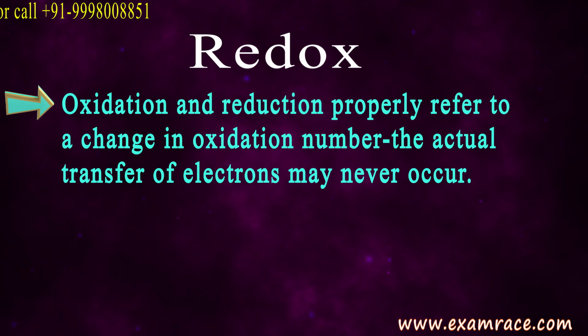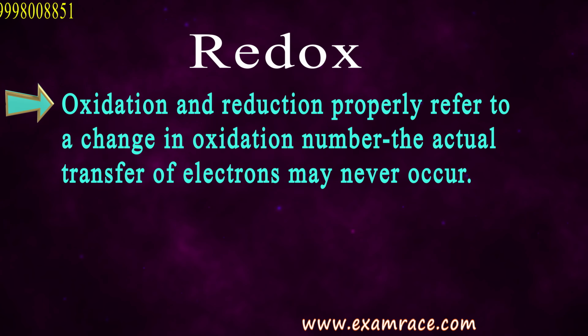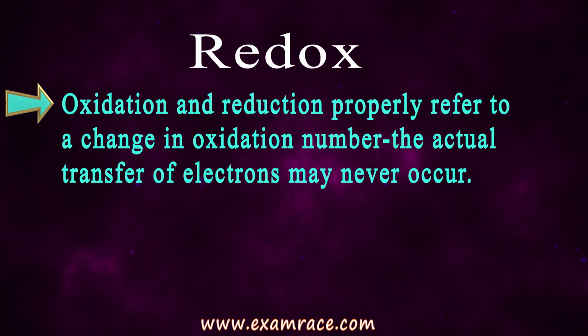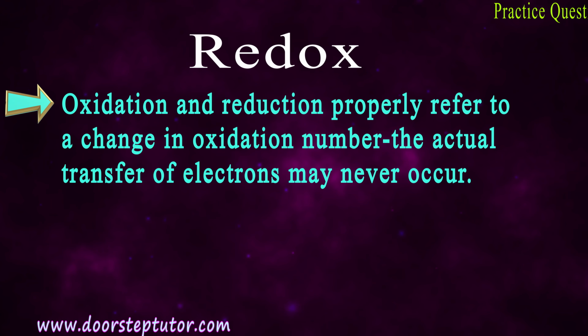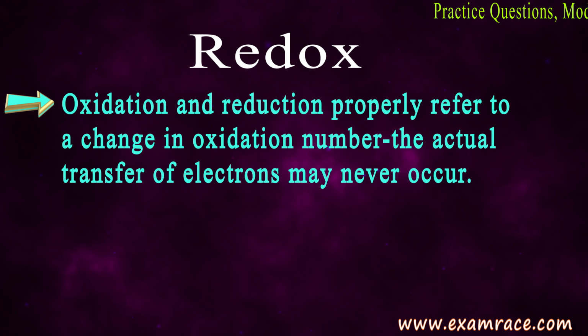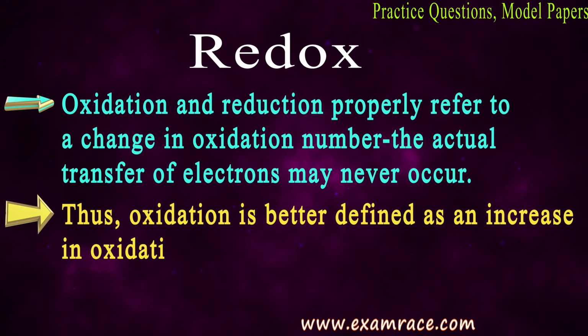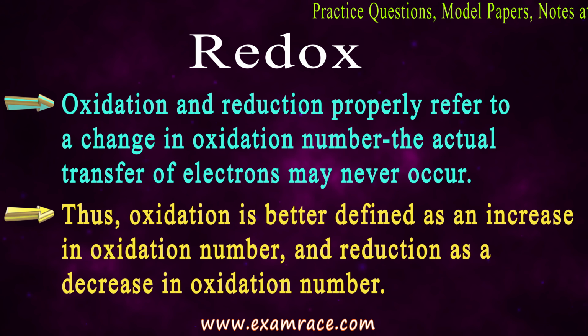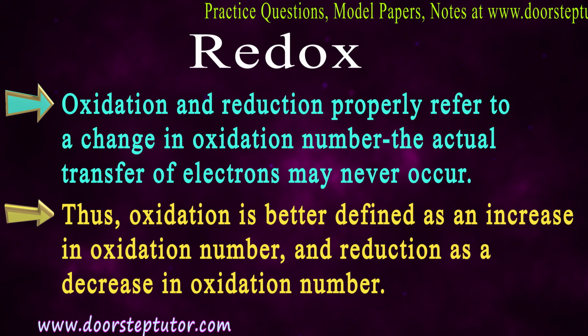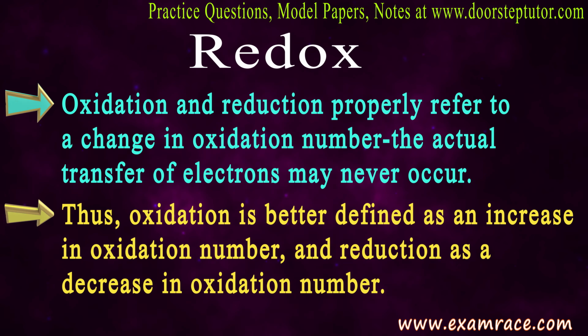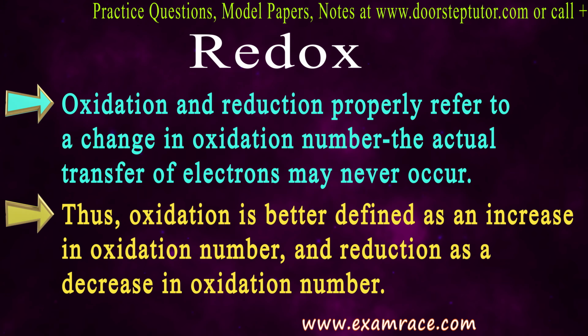Now, oxidation and reduction properly refer to a change in oxidation number. The actual transfer of electrons may never occur. So oxidation is better defined as an increase in oxidation number and reduction as a decrease in oxidation number. Alright, so this was about redox reactions.